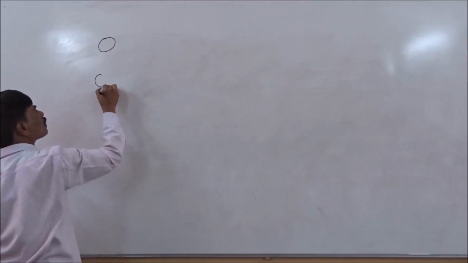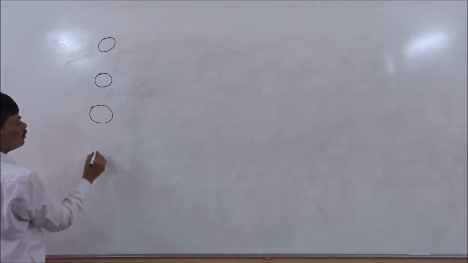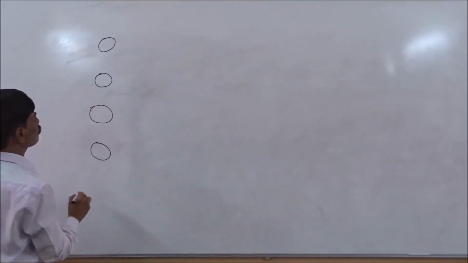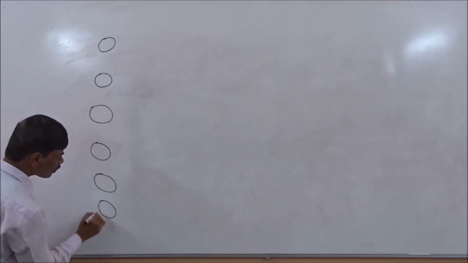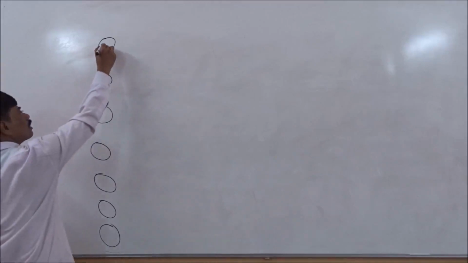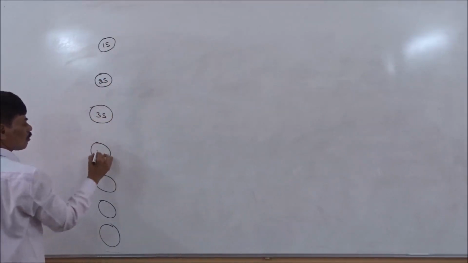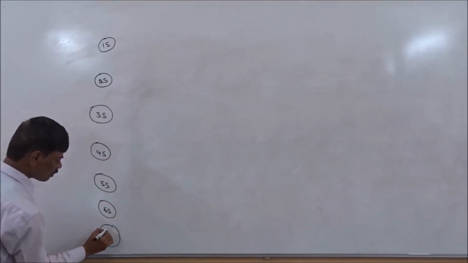Seven vertical structures, circles: 1, 2, 3, 4, 5, 6, 7. And it can be labeled as 1s, 2s, 3s, 4s, 5s, 6s, 7s.